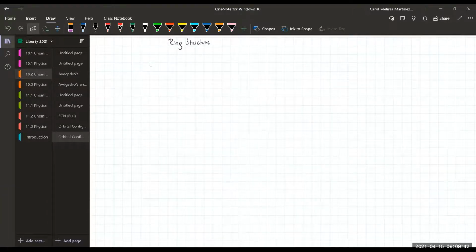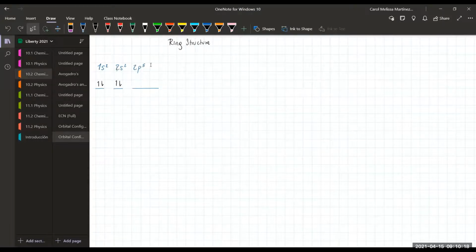If, for example, your configuration is, just imagine, 1s2, 2s2, and 2p5, how are you going to do the arrows? Well, of course, it's going to be one up and one down, one up and one down.